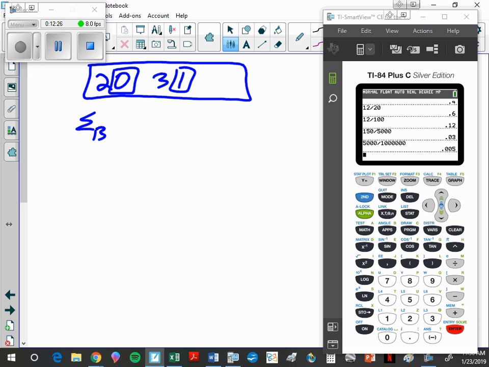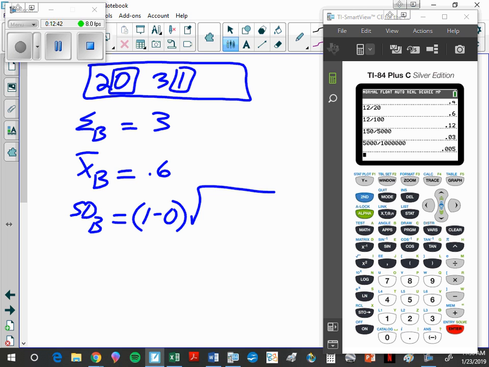So the sum of the box is 3. The average of the box is 3 divided by 5, which is 0.6. And the SD of the box is going to be 1 minus 0 times the square root of 2/5, which is 0.4, times 3/5, which is 0.6.